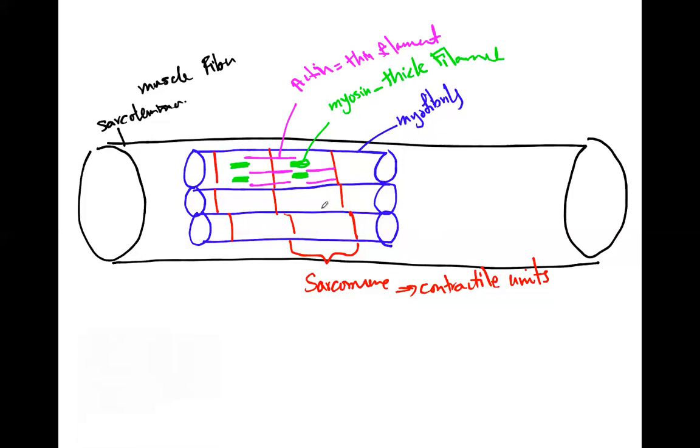So if we're starting from the smallest to the largest, kind of working and looking at this whole idea from the smallest to the largest, kind of write this down. You have actin and myosin, which forms units called sarcomere, right? Sarcomere is packed inside myofibrils.